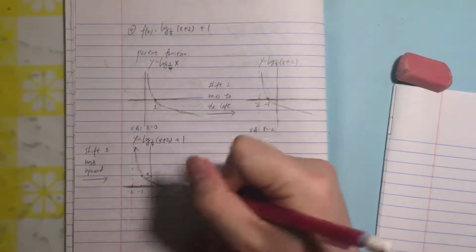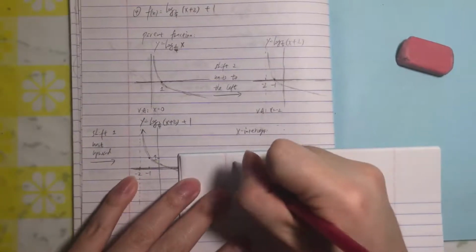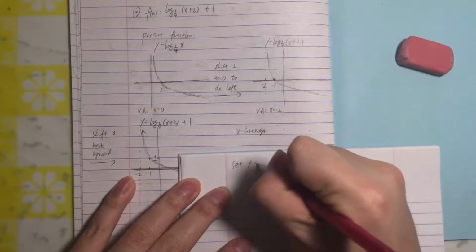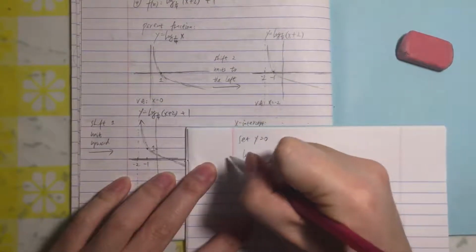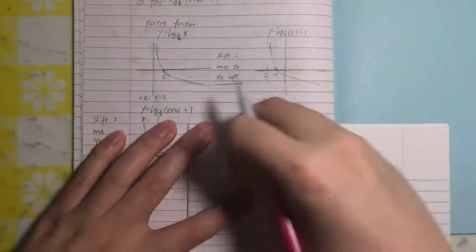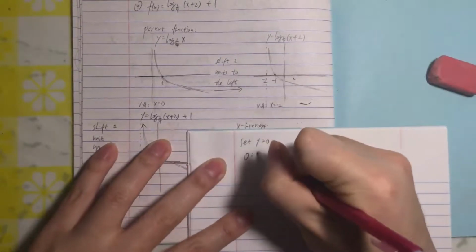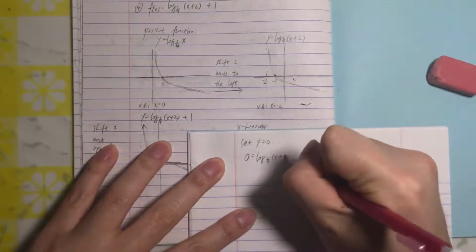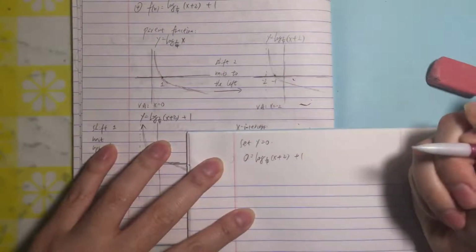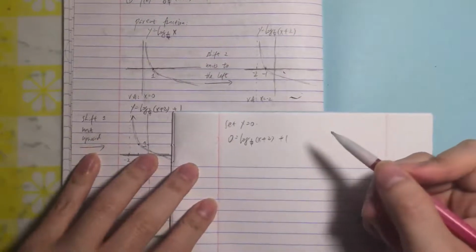I get 0 equal to log base 1 over 4 of x plus 2, plus 1. Next, solve the equation for x.